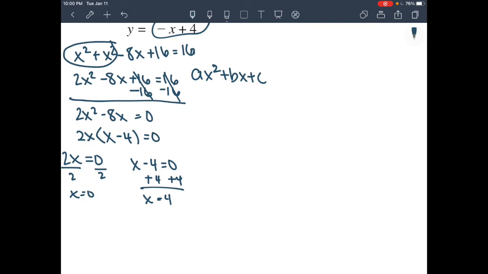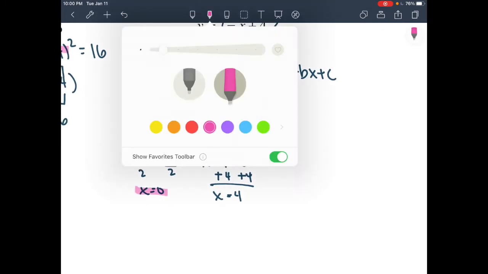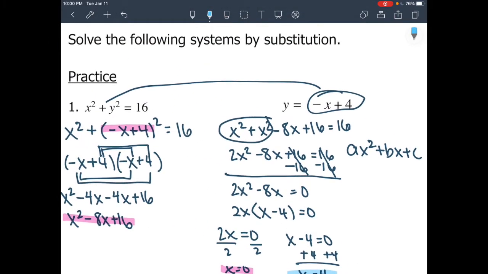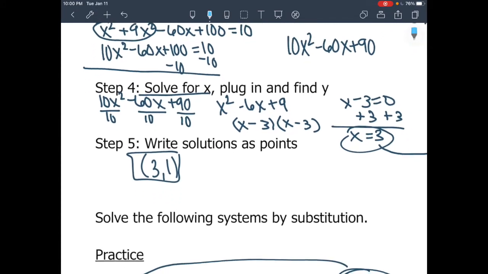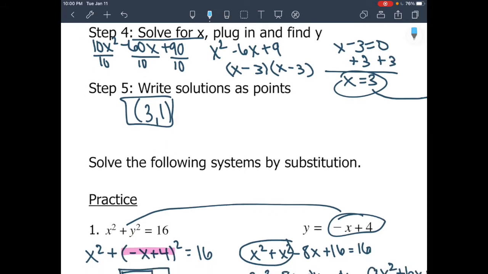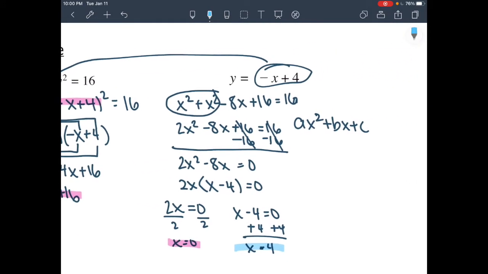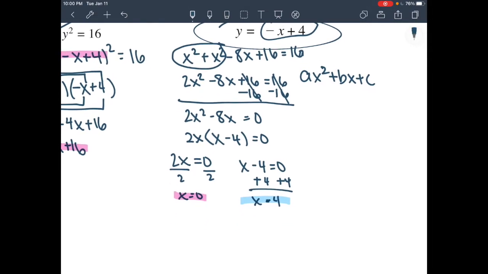So now I've got two different situations, so I'll just use two different colors so you can see them here. When I look back up to the next step of the process, it says plug in and find y. So now I need to take both of these and plug them in separately into one of my top equations. I'm going to just pick the second one because it looks easier.